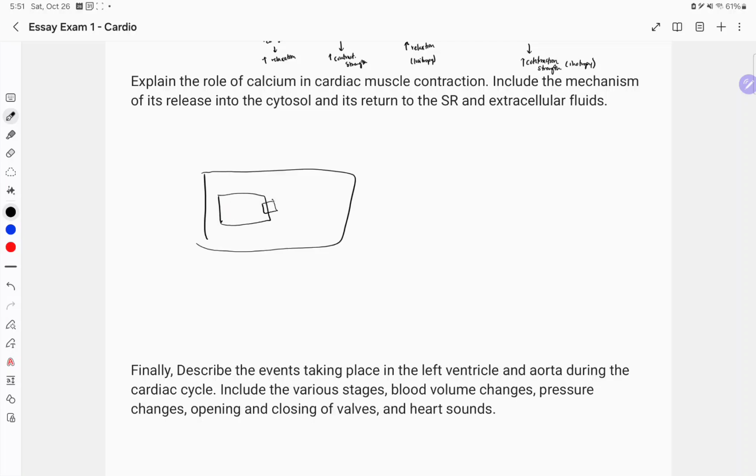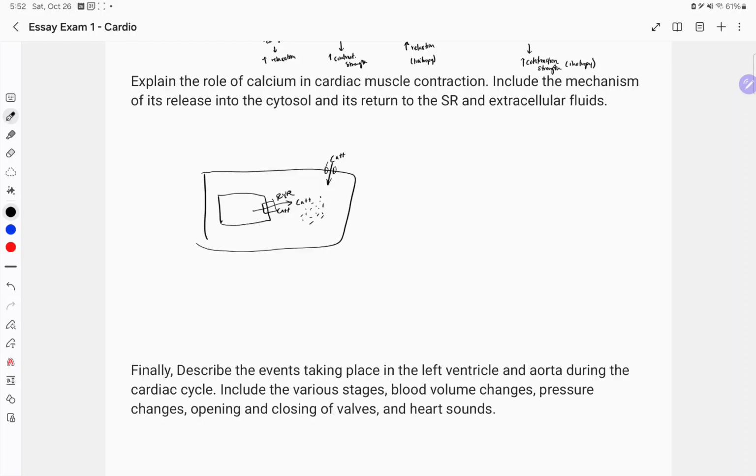That's going to have our ryanodine channel, and we're going to have these voltage gated L-type channels that will open and let calcium in from T-tubules into the sarcoplasm, and that calcium is going to come and bind to the RYR channel, which is going to release a whole bunch of intracellular calcium into the sarcoplasm, right?